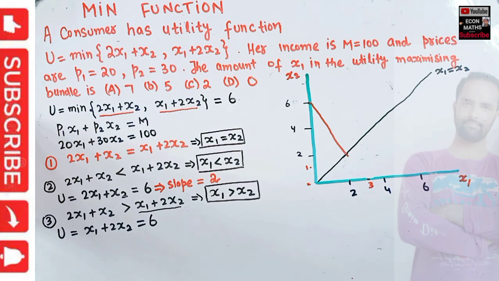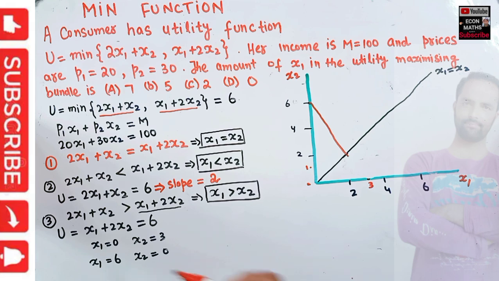Now plotting this, let us put x1 equal to 0, which will give us x2 equal to 6 upon 2, which is 3. Put x2 equal to 0, our x1 will be equal to 6 in this case. So what will be our indifference curve in this case?